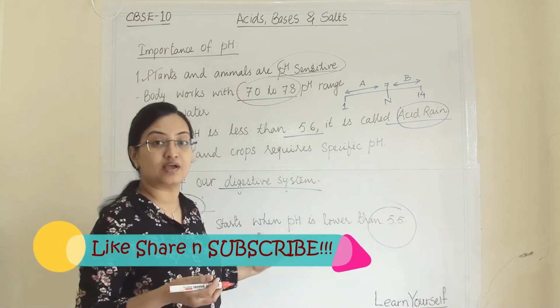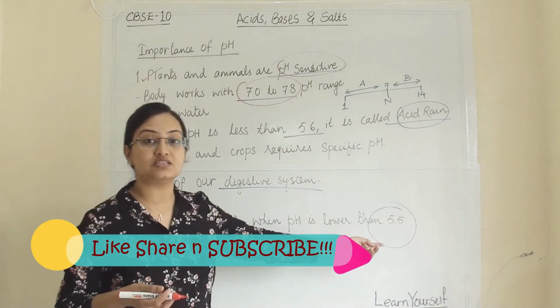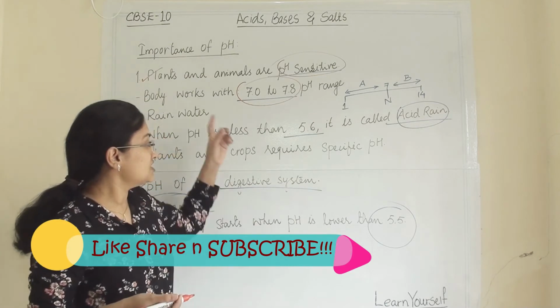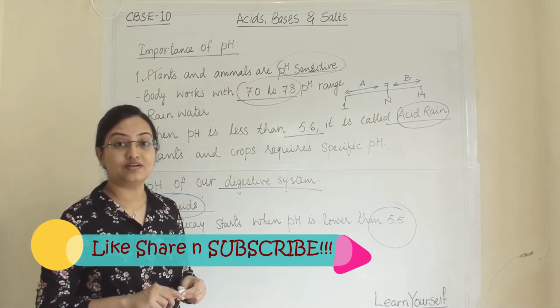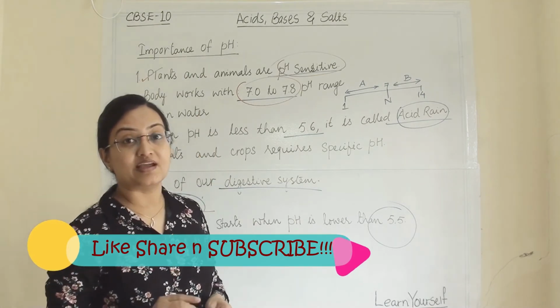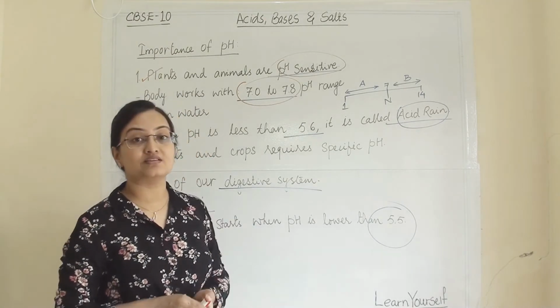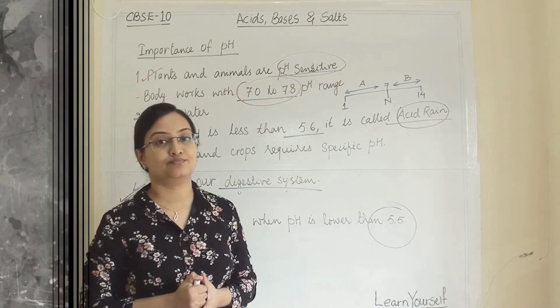Then you have to explain why it has an adverse effect on our teeth. So these points are very important, and from this you will get a discussion type question, or a reason, or a fill in the blanks, or a multiple choice question.